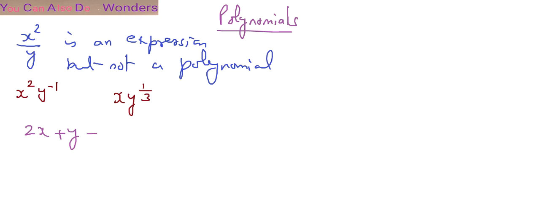So how to identify terms? Terms are separated by the sign plus or minus. See, there's a plus here, the minus here. So this is one term, this is the next term, this is one. So there are 3 terms here. There are 2 separations, correct. So this has 3 terms.